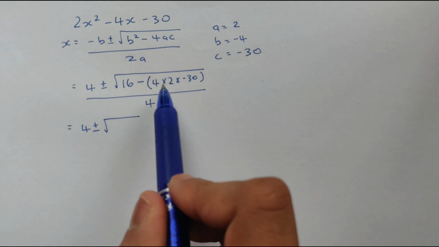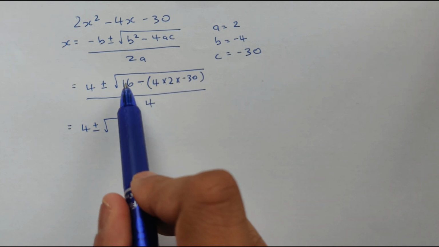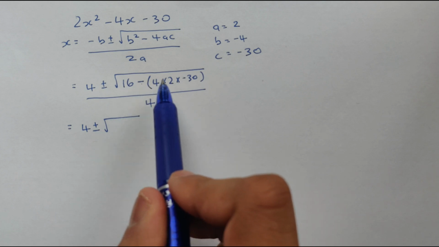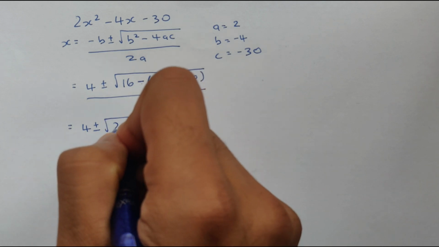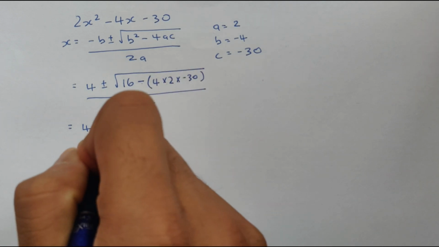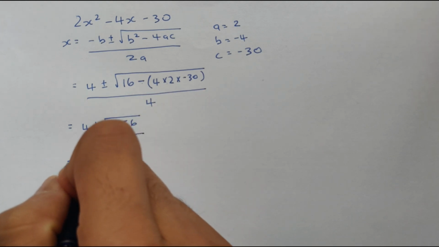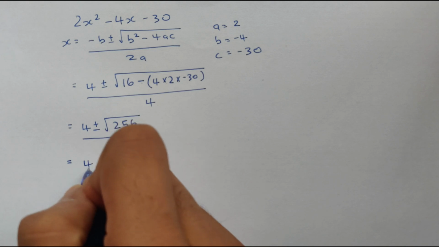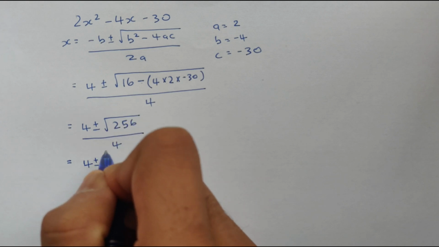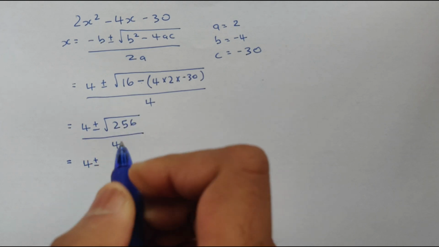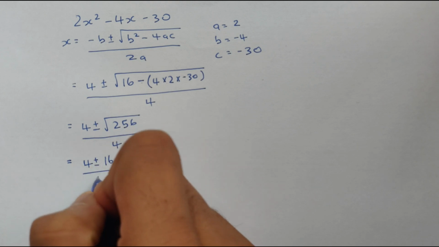So a minus and a minus becomes a positive. So you get 16 plus 240, which is 256 over 4. And this equals 4 plus or minus the square root of 256, which is 16 over 4.